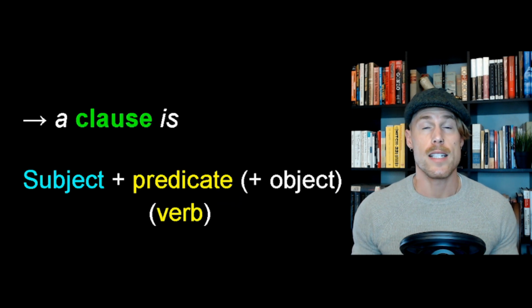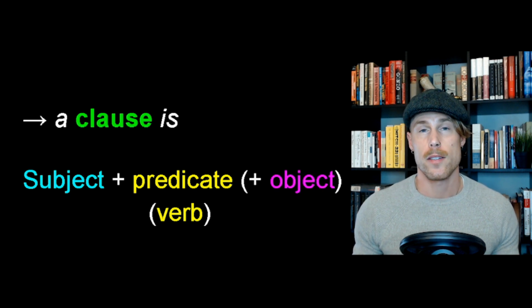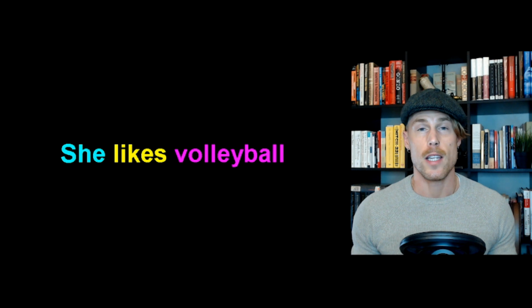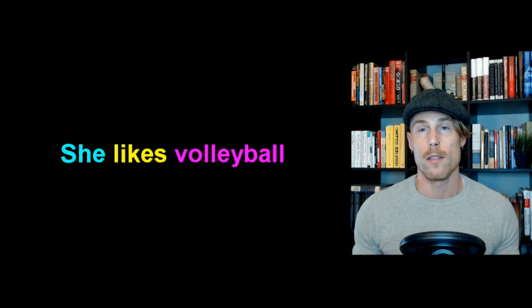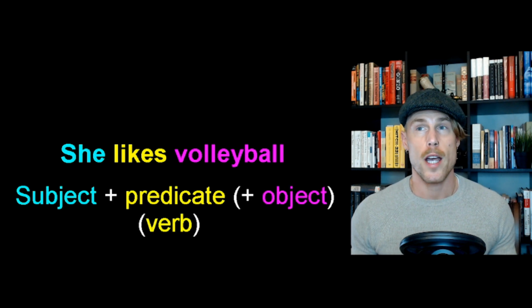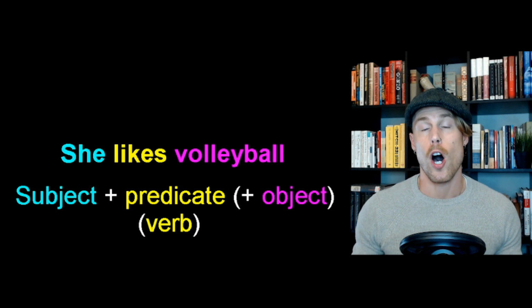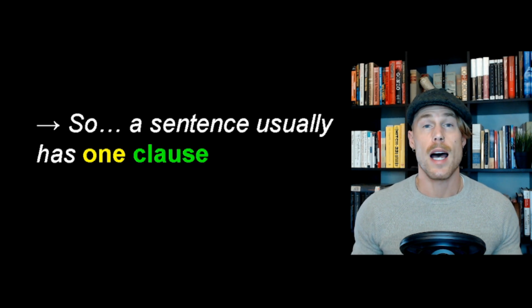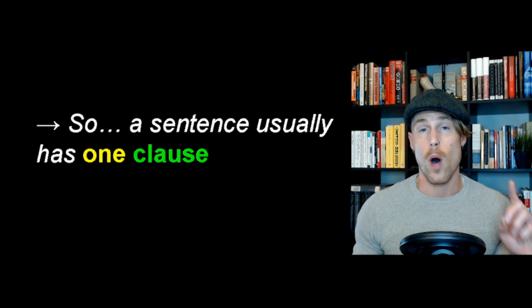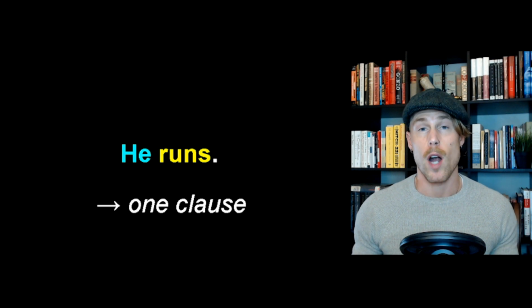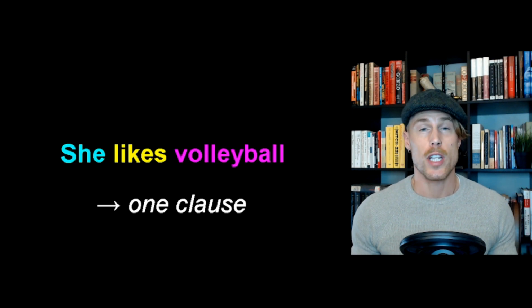A clause is also subject plus predicate plus object. She likes volleyball. Subject, predicate, object. So, a sentence usually has one clause. He runs. She likes volleyball.